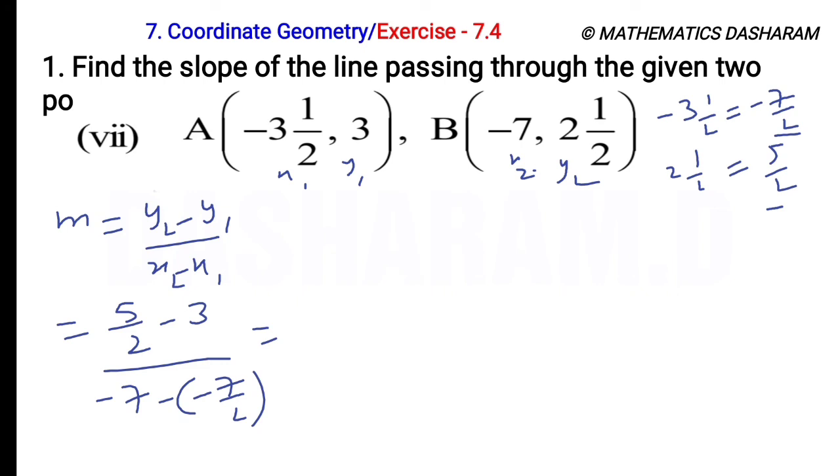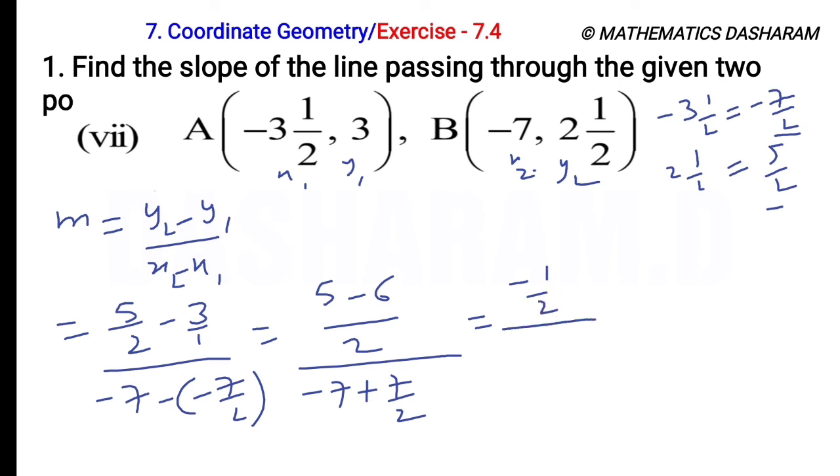So it equals, here 3 can be written as 3 by 1, 2 is the LCM, 5 minus 3 twos are 6, divided by minus 7 minus of minus, plus 7 by 2. So 5 minus 6 is minus 1 divided by 2, divided by, here minus 7 can be written as minus 7 by 1, 2 is the LCM, minus 7 into 2 is minus 14 plus 7. So it equals minus 1 by 2 divided by minus 14 plus 7 is minus 7 by 2.